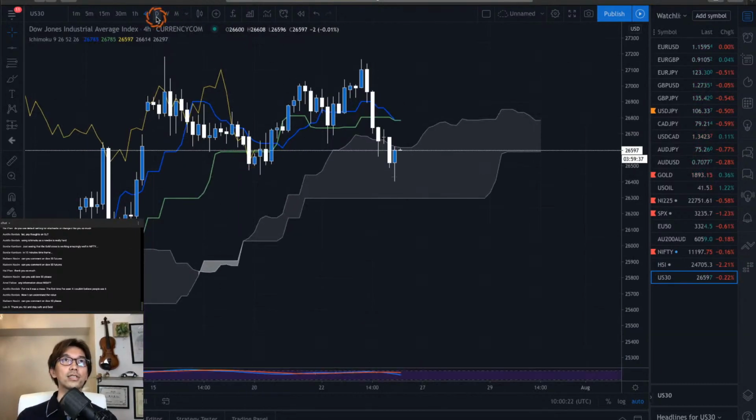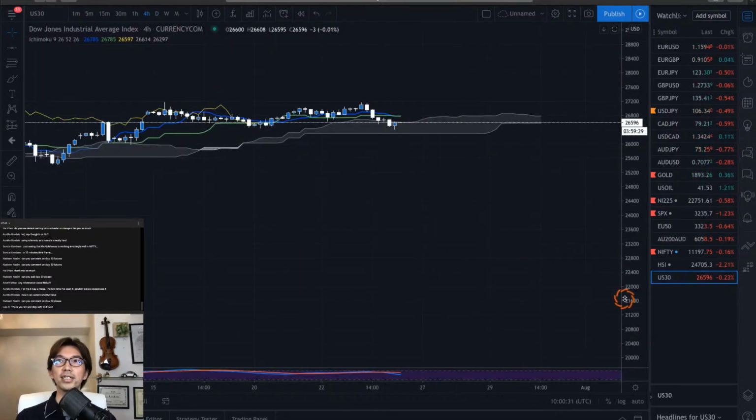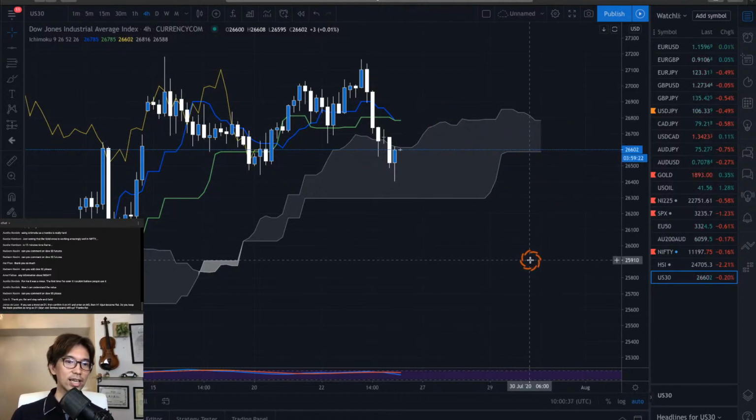Dow Jones, starting from the daily chart, this is ranging, Kumo flat, Kijun Sen flat, ranging. And the 4-hour chart, also ranging. Yeah, there's no decent up or down trend, Kumo flat, Kijun Sen flat. So instantly, by looking at the Kumo shape and Kijun Sen, you know exactly whether this is an uptrend or not.